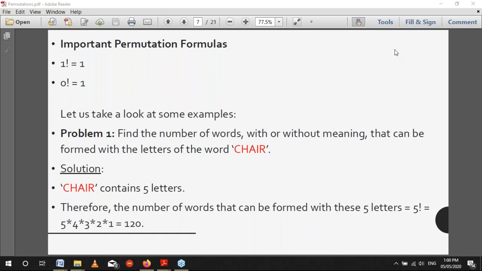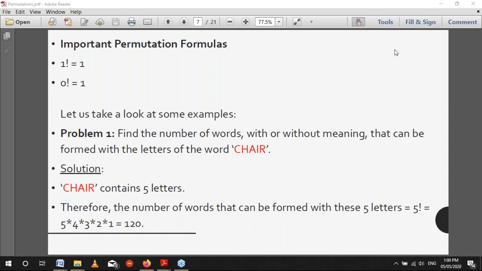If you look very carefully, you find that chair has five letters. So five letters is equal to 5 factorial. When you solve it using the factorial formula, you find that we have 120. So that is what it gives us.